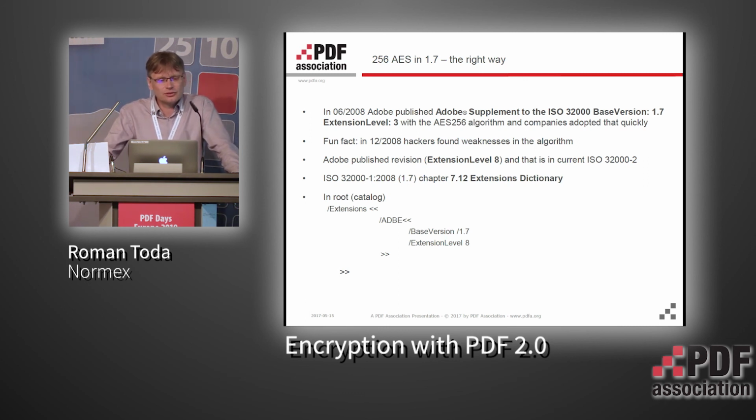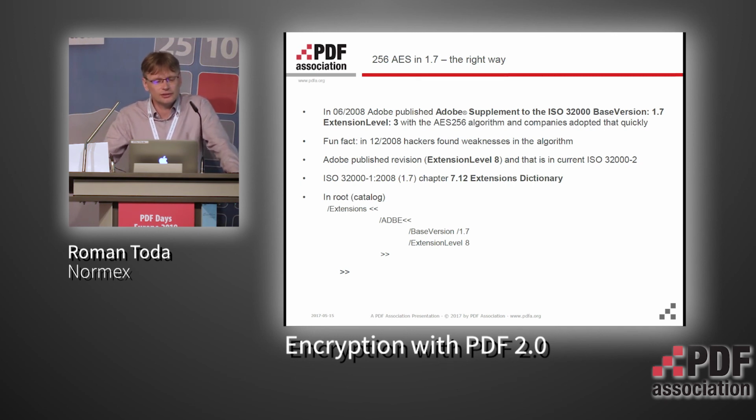In June 2008, after 1.7 was released as ISO 32000, Adobe published a supplement to the ISO 32000, Extension Level 3, and Adobe introduced this new algorithm, and companies started to adopt it very quickly. Because, you know, if you care about security, this is the right way.